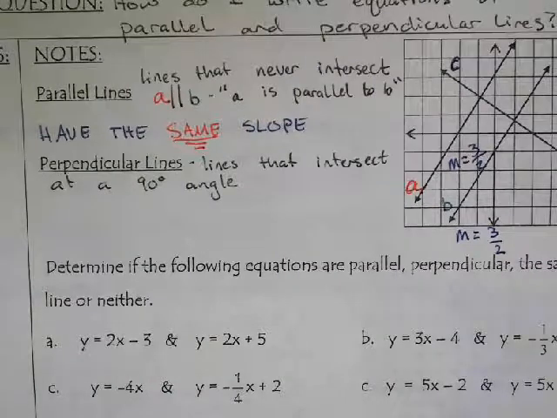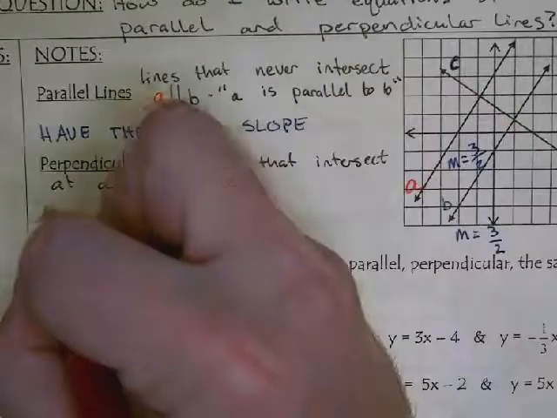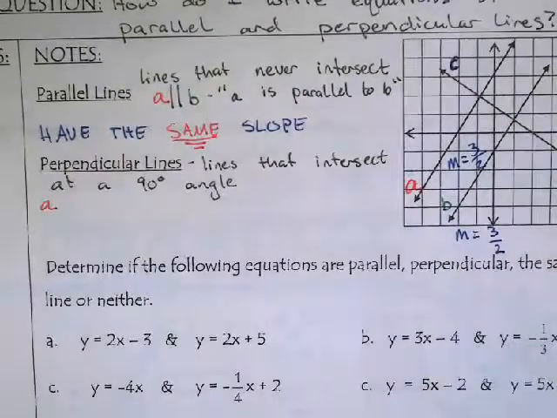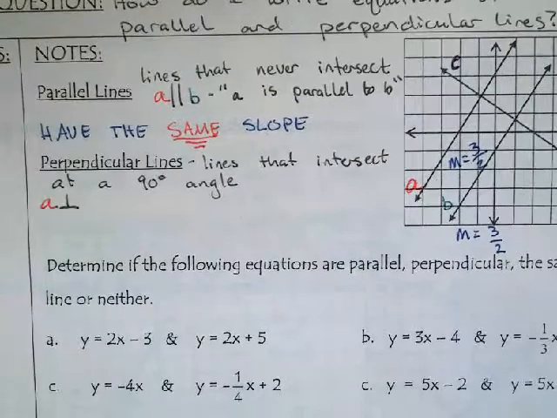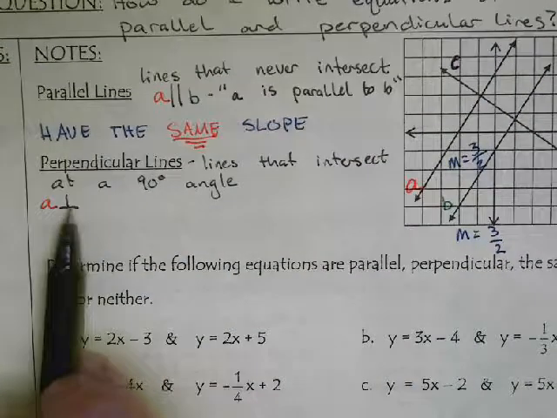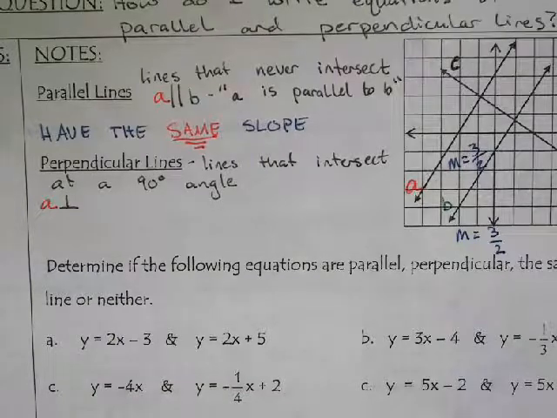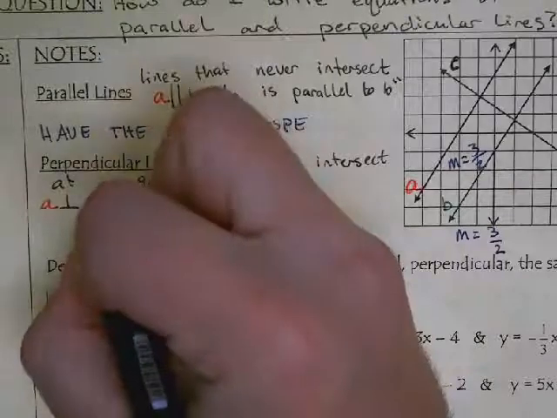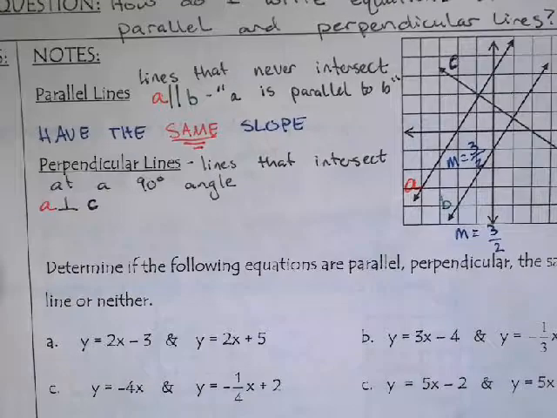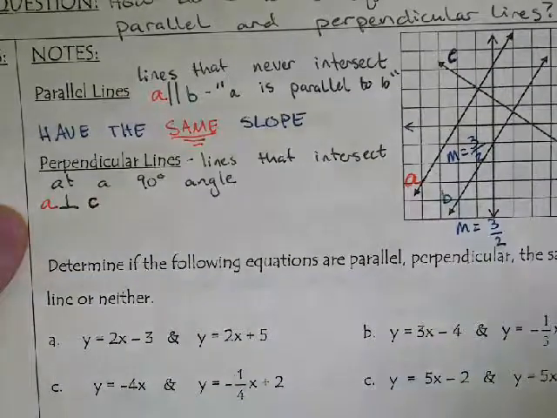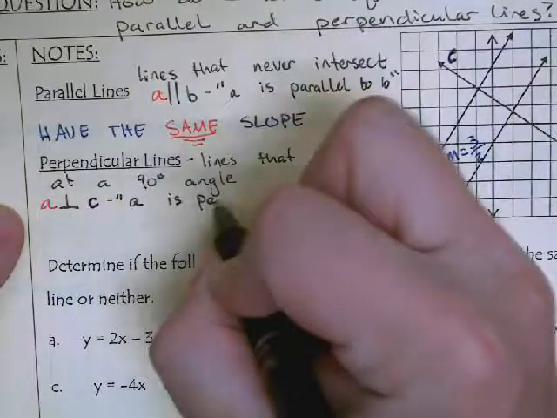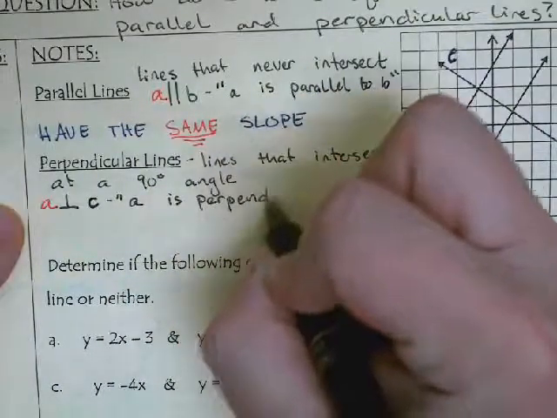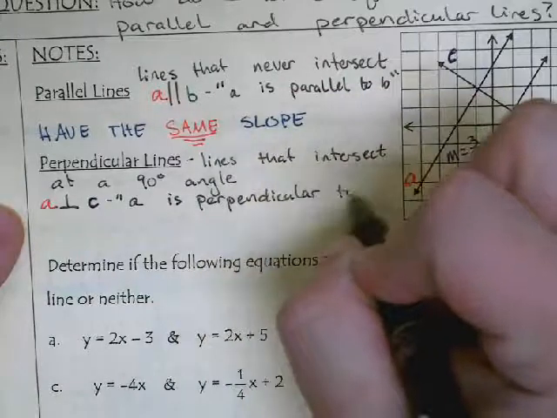And the way we notate that is we would say A is perpendicular to, so it kind of looks like two lines meeting at a perpendicular angle, perpendicular to C. So I read this as A is perpendicular to C.